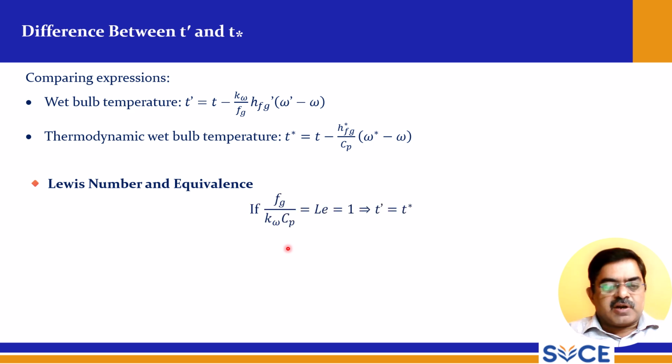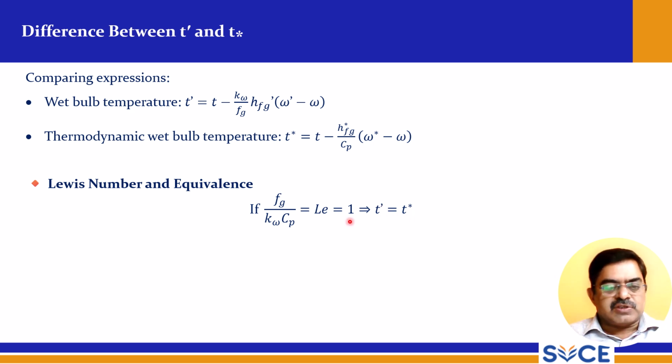So regarding the Lewis number and its equivalence, if Fg divided by k omega Cp equals the Lewis number, which is equal to 1, then T dash equals T star.